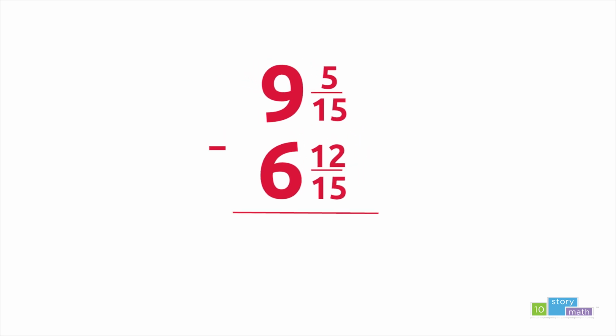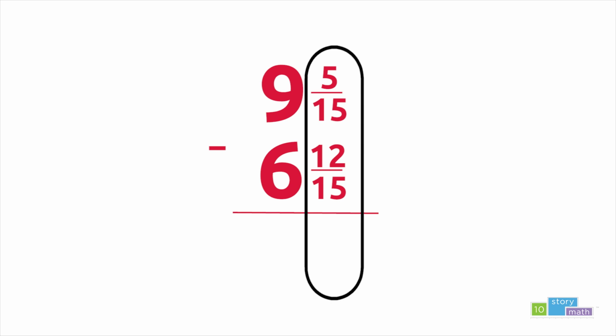After finding a common denominator, we first tried to subtract the fractions 5/15 minus 12/15. Because we weren't able to do that, we borrowed or regrouped one of our 9 wholes.